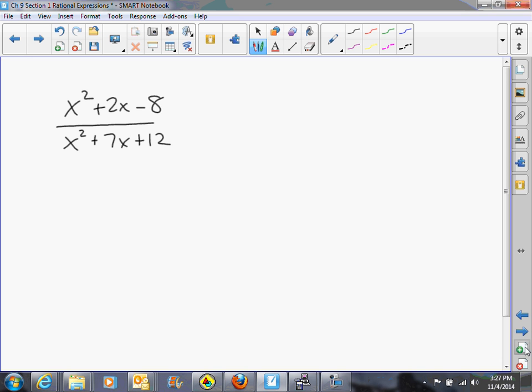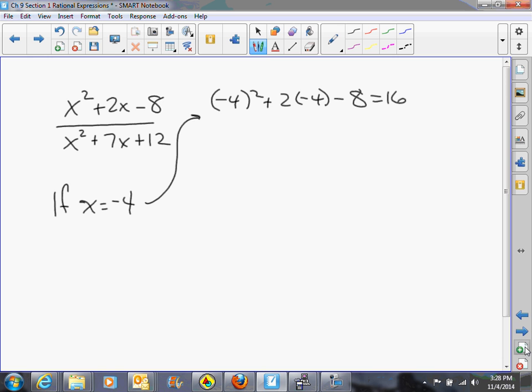Now, if x equals negative 4, then on the top we would get negative 4 squared plus 2 times negative 4 minus 8. Well, now negative 4 squared is 16. 2 times negative 4 is negative 8. Minus 8, 16 minus 8 minus 8 is 0.